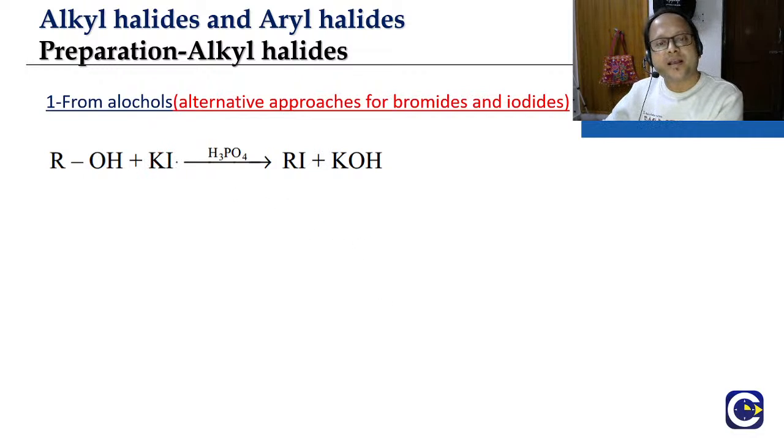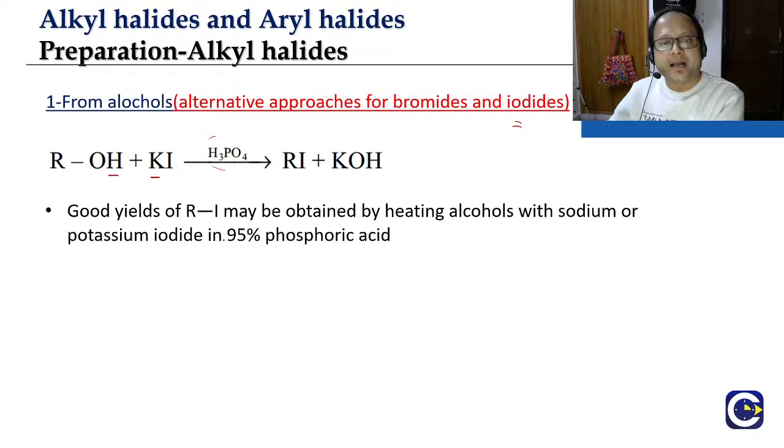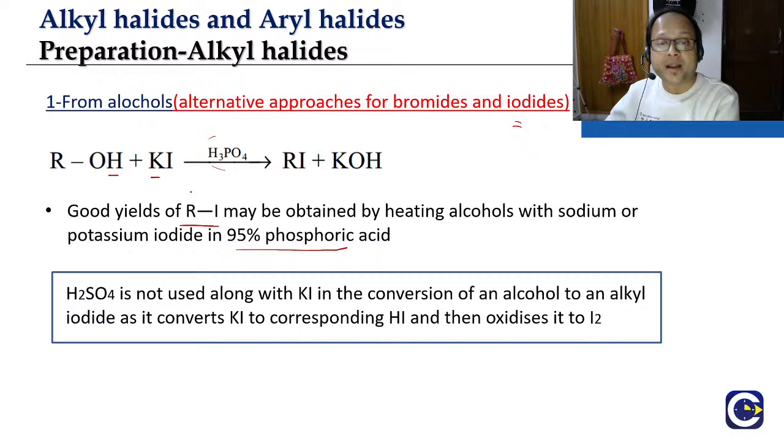That's why when it is about iodides, we are not using H2SO4, rather we are using phosphoric acid. Again a displacement reaction is going on, but in absence of sulfuric acid, so yields are pretty good. With 95% phosphoric acid you can have sodium iodide or potassium iodide, but we are not going to use H2SO4.